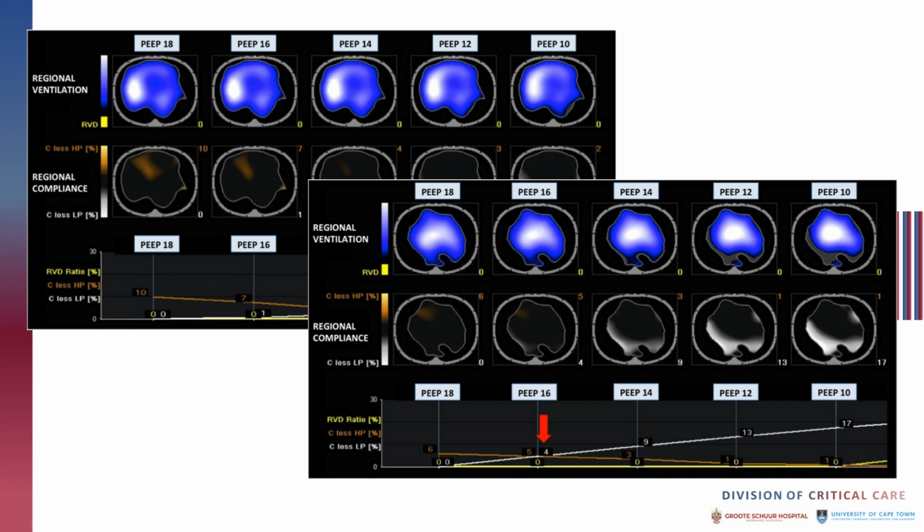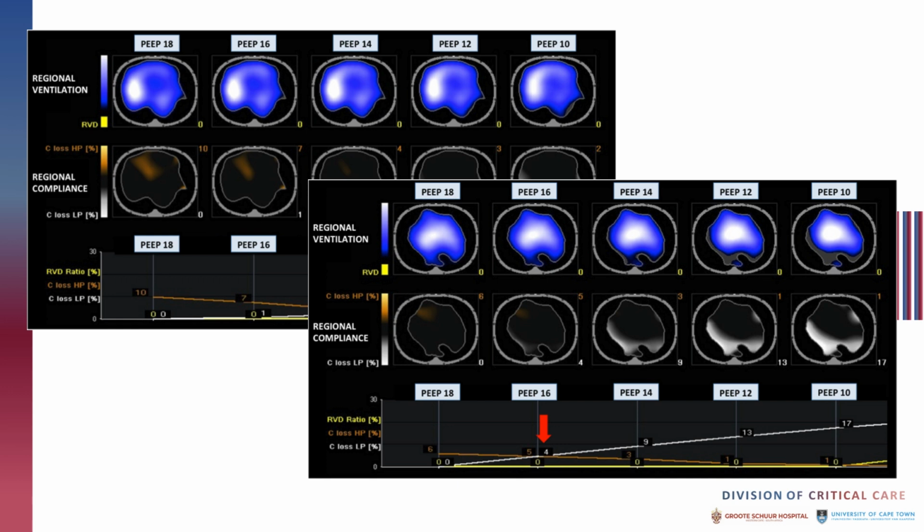But essentially, this slide just shows you what the distribution of ventilation is. So the blue indicates changes in lung volume. Okay. And essentially, as we go from blue to white, we see that blue is associated with the biggest change in lung volume and white with the least change.